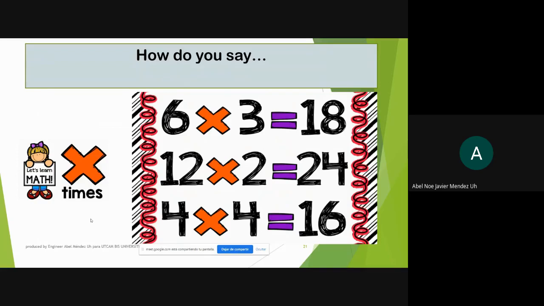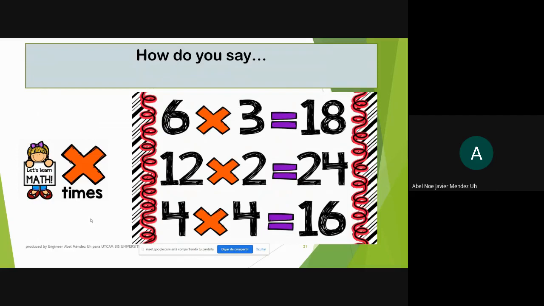How do you say the first operation? You can say it in your home, or you can turn on your mic and share with all your partners.